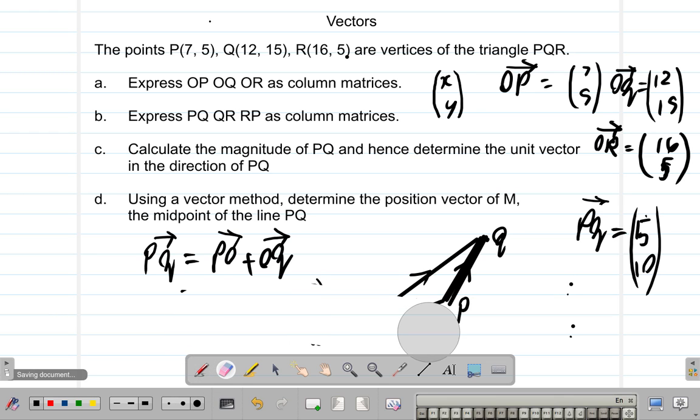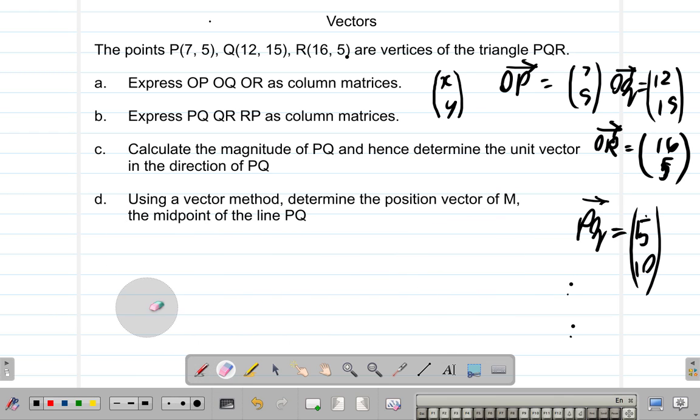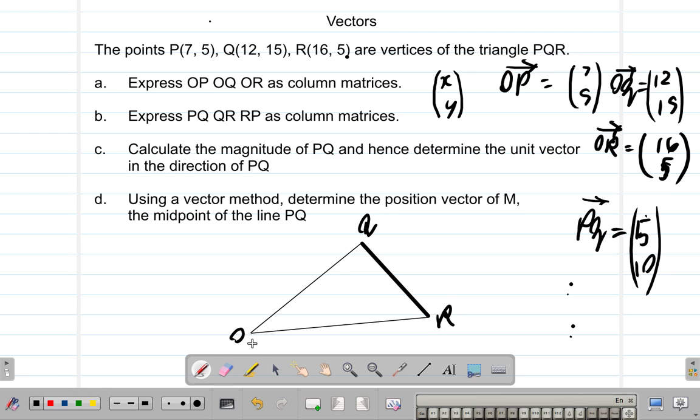If we represent it here like this, this is our line QR, this is OQ and OR from what we saw a while ago. Alright, so this is Q, this is R, this is O. So going from Q to R, you end up the same place as going from Q to O, then O to R.